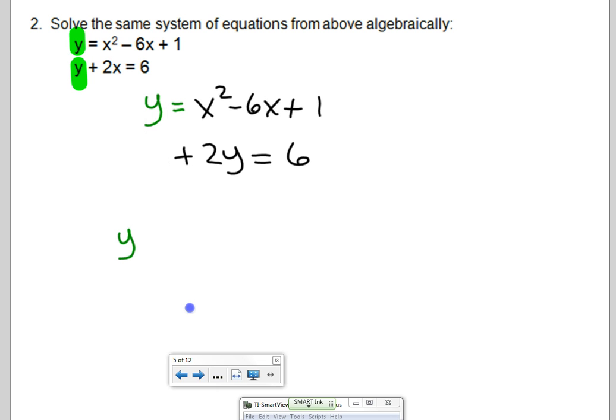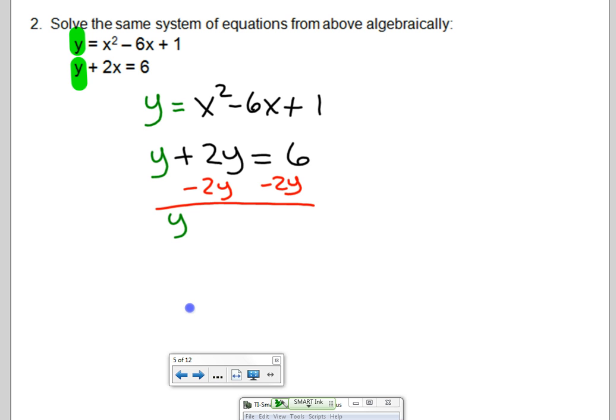or we can get the second equation in place of y equals. I apologize, I wrote x there instead.